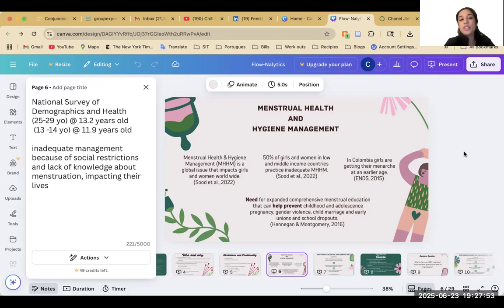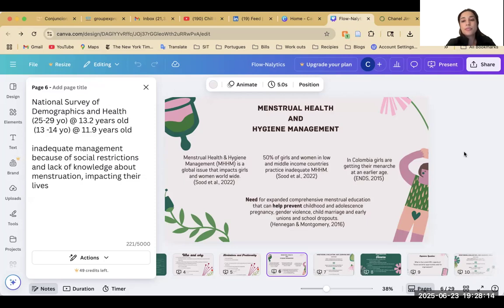That was the average age. And then they surveyed 13 to 14-year-olds, so younger girls, and they said that they started their menarche at 11.9. So about a year and a few months earlier. So they're getting their menarche earlier.